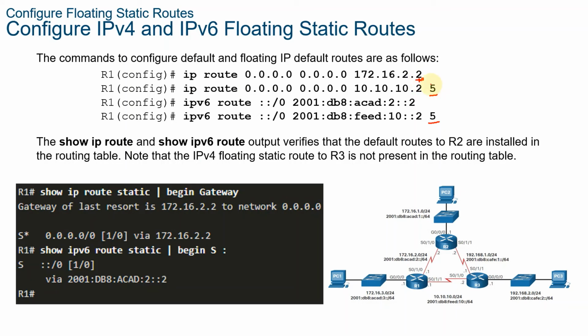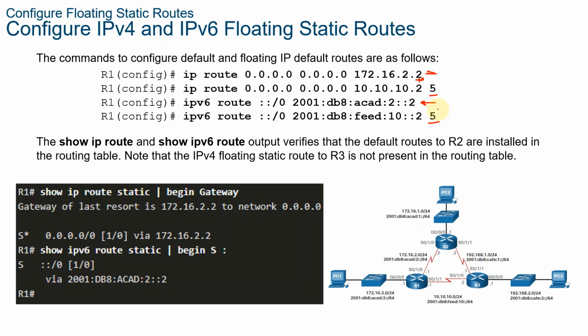If no administrative distance is configured, like what we have here, that would be your primary link. Otherwise, if we have the administrative distance configured, that would be our floating static routes or the backup link.